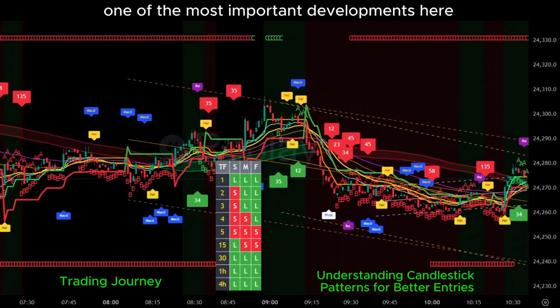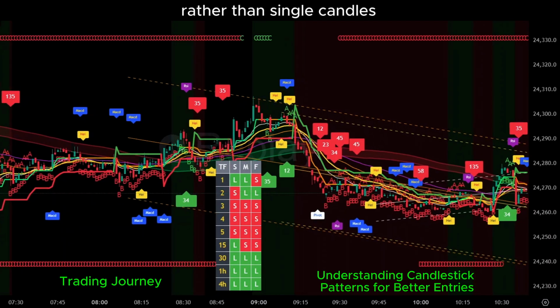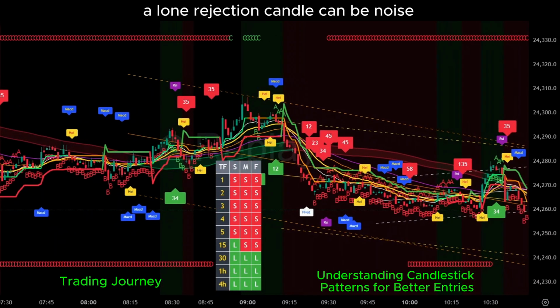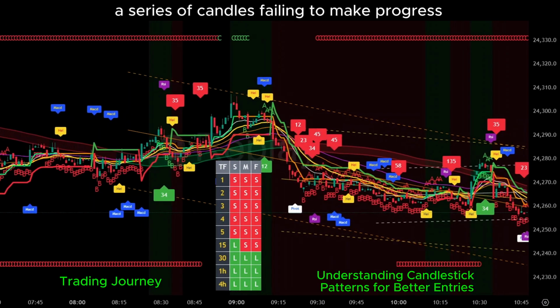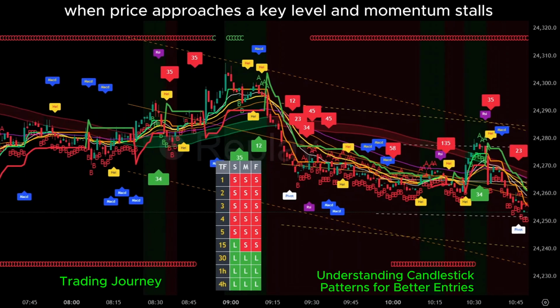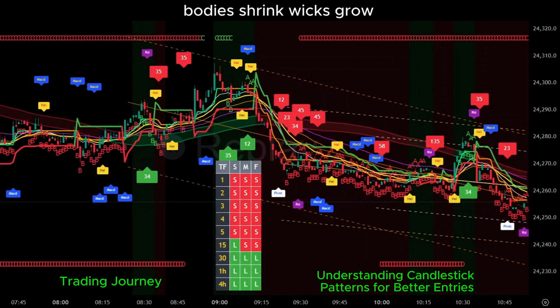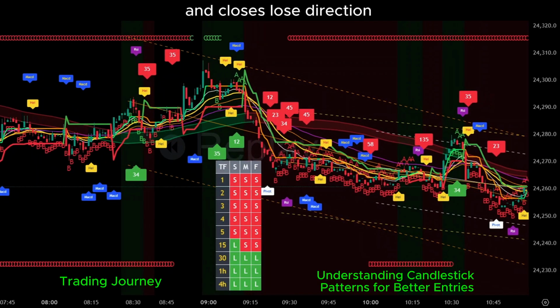One of the most important developments here is learning to read sequences rather than single candles. A lone rejection candle can be noise. A series of candles failing to make progress tells a story. When price approaches a key level and momentum stalls, bodies shrink, wicks grow, and closes lose direction.